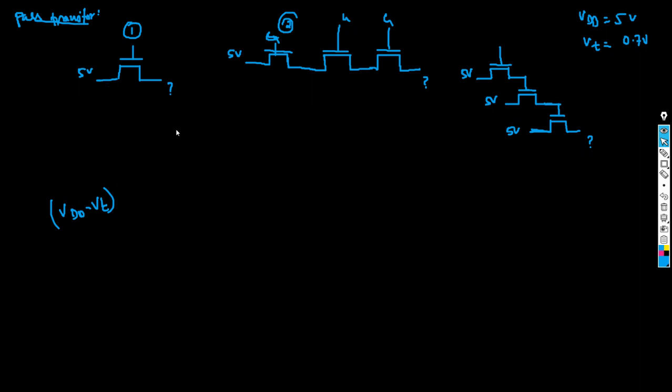So the answer you gave was 4.3 volt, and this one 2.9 volt, and you are saying this is also 4.3 volt. So this is two persons, and this is again two persons, and this only one person gave an answer at this moment.